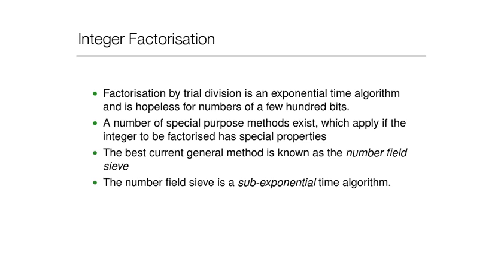For example, if 15 is given, the factorization of 15 is going to be 3 and 5, two prime factors.